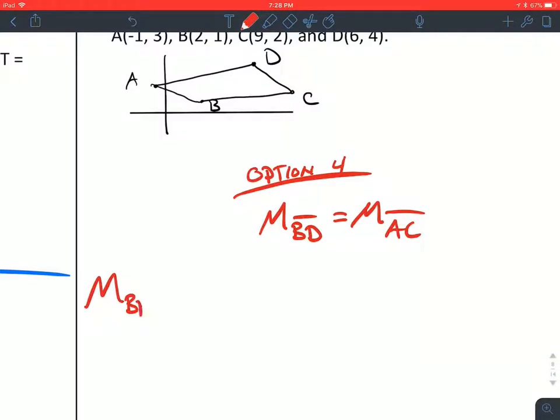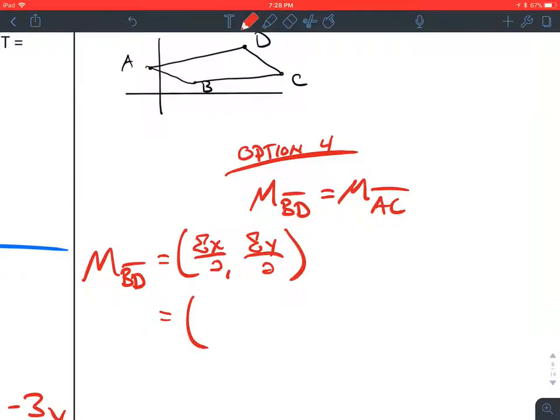So the midpoint formula: I sum the x values and divide by 2, followed by summing the y values and dividing by 2. My x values for B and D are 2 and 6.